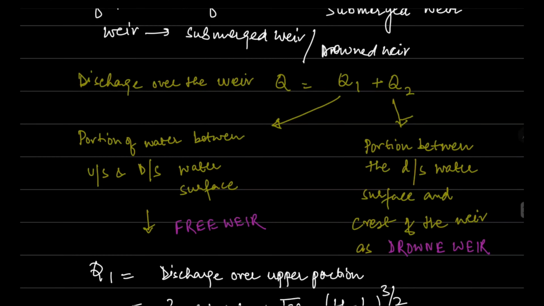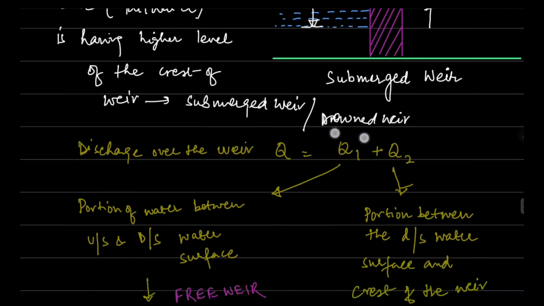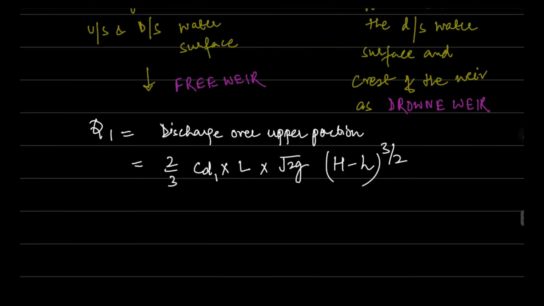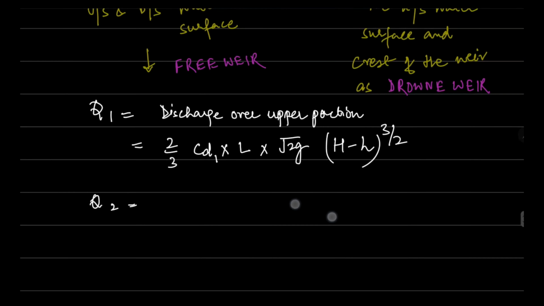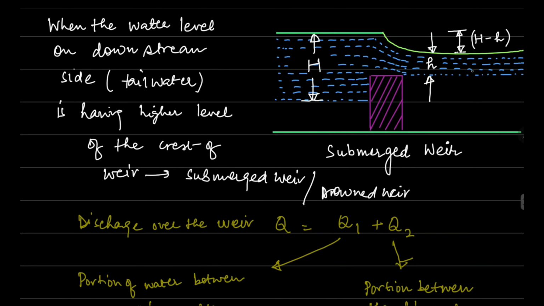Here we use a different coefficient of discharge, CD1, for this portion. You can see H minus h is the head for this free weir. The other portion, Q2, is the discharge through the drowned portion, whose head is small h.